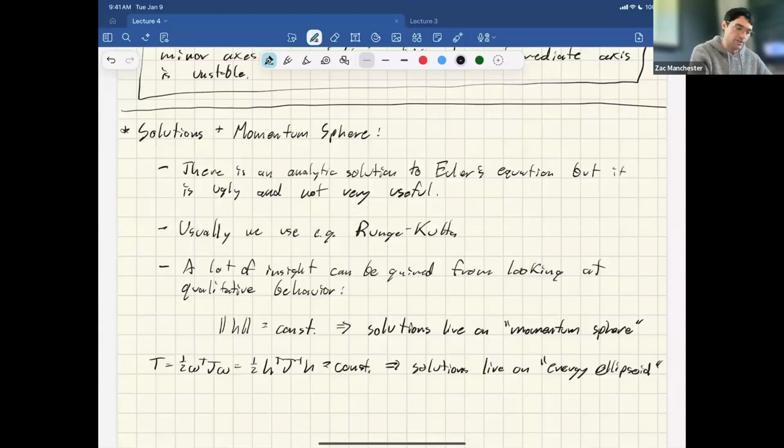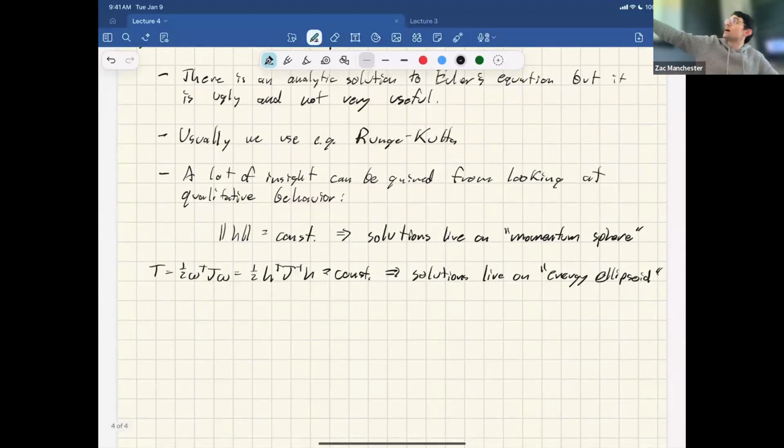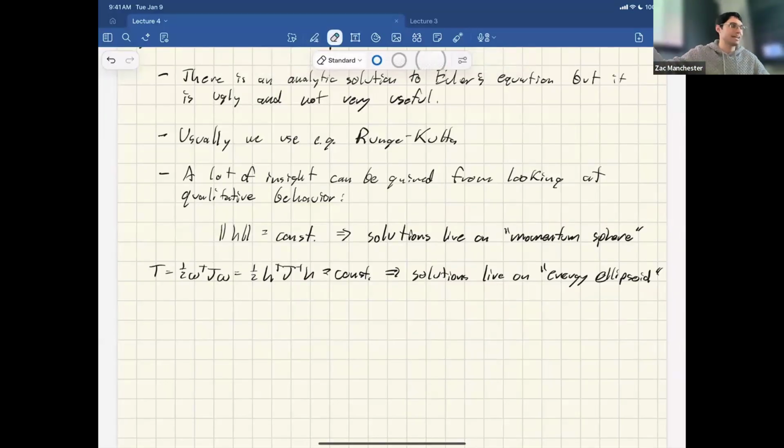Cool. Okay, so now we've got these two conserved things, and we know the solutions have to lie on this momentum sphere and this energy ellipsoid. So if I put that together, this is just what we were using before for kinetic energy. Oh, right. Yeah, no biggie.